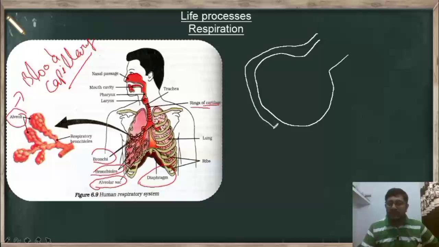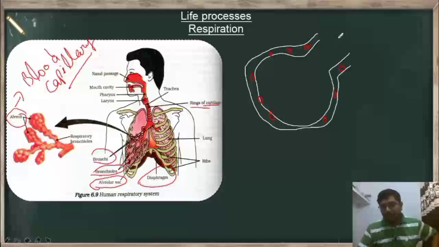Consider this as an alveolar sac, and this alveolar sac has numerous blood capillaries. So consider they have blood capillaries here, and when the oxygen enters into the alveolar sac, that means through nostril to trachea, trachea to bronchus, bronchus to bronchiole, then finally the oxygen comes to the alveoli.